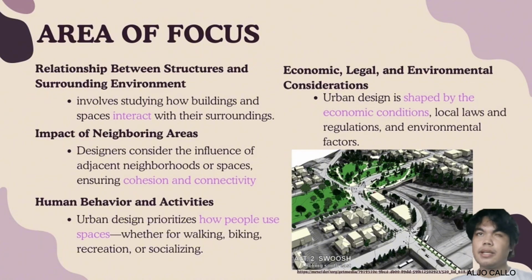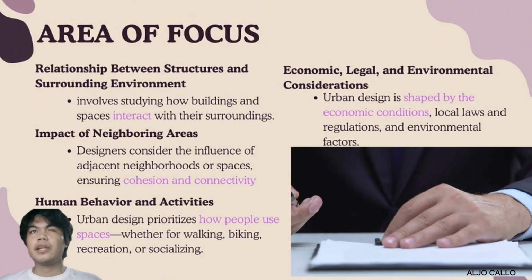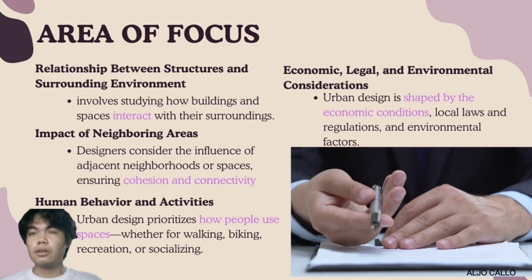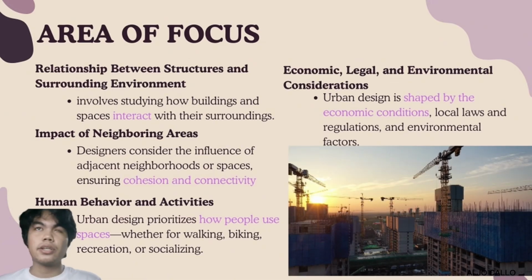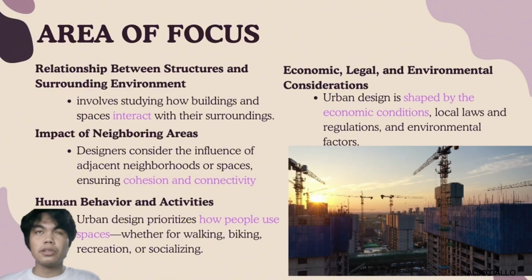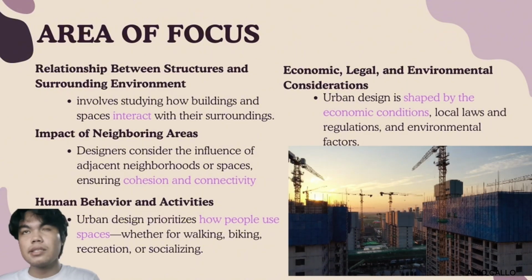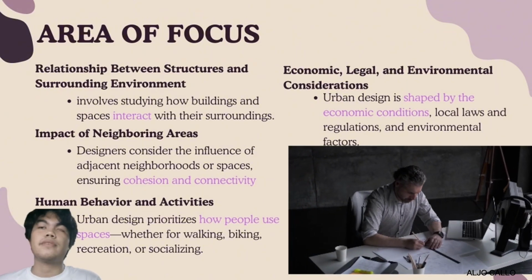Next is economic, legal, and environmental considerations. Urban design is shaped by the economic conditions, urban or rural ba na siya, local laws and regulations, and environmental factors. So, pretty self-explanatory, like designers must balance these components to create functional and viable spaces.